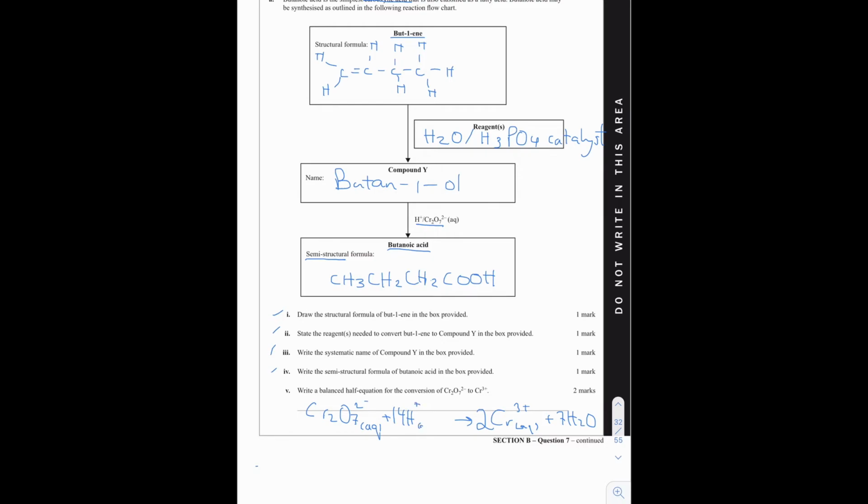And then I'm writing in my states as I go as well. So now I need to add electrons, and it needs to be electrons to the more positive side. And I can see here that the net charge on my reactant side is positive 12 and on the product side is positive 3. So I need to add enough to make them equal. And in order to make it a 3+ charge on the reactant side, I need to add 9 electrons.